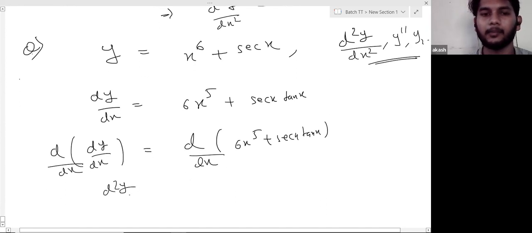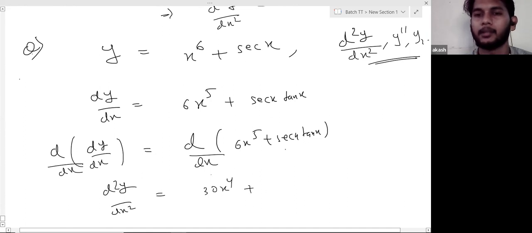So d square y upon dx square will be equal to the differentiation of this, which is 30x raised to the power 4, plus we have to use product rule here. So sec x into differentiation of tan x.